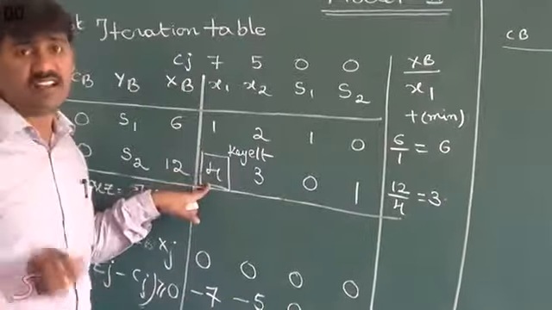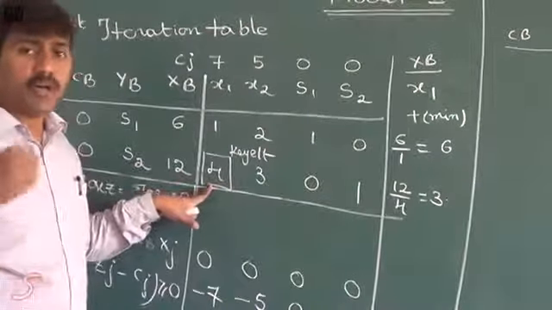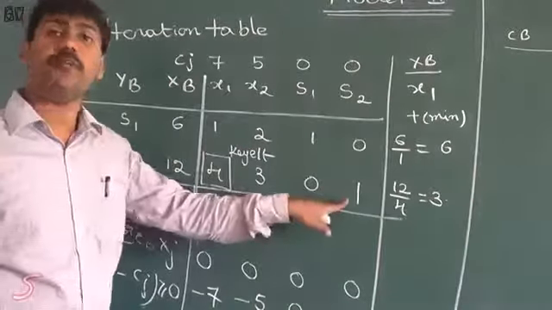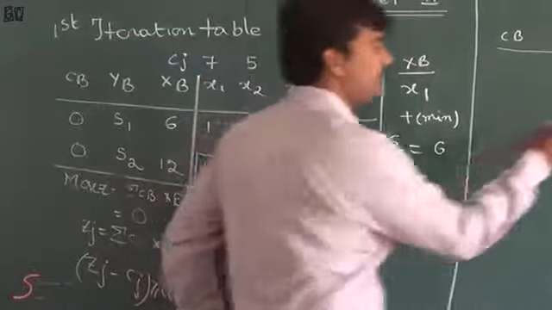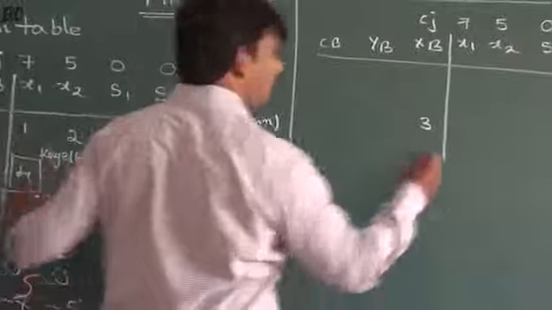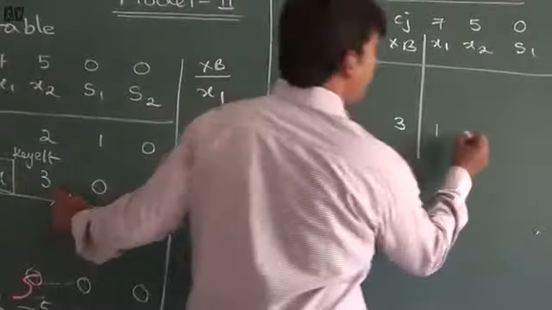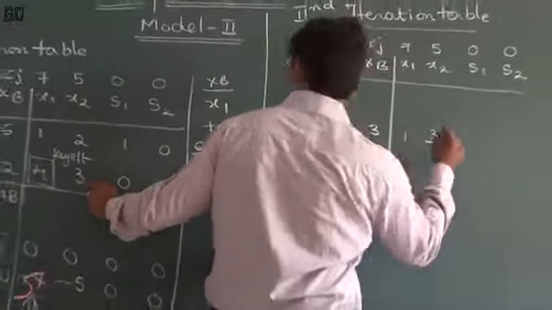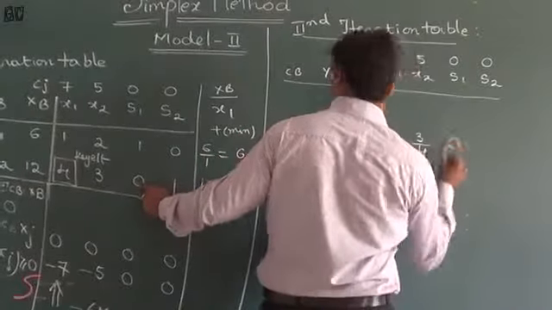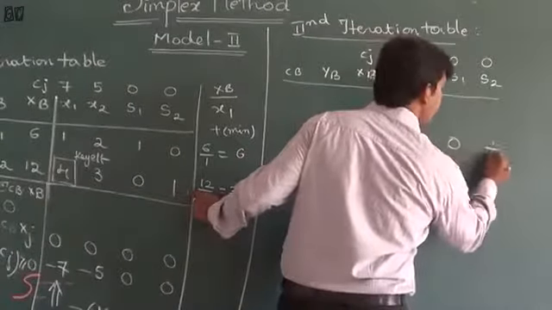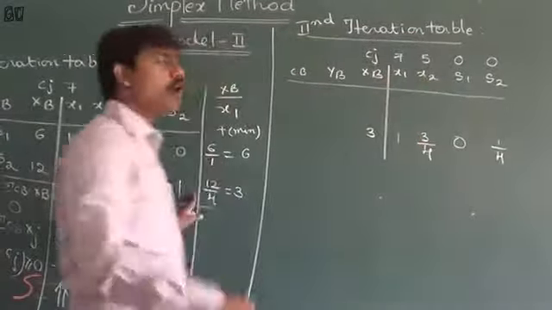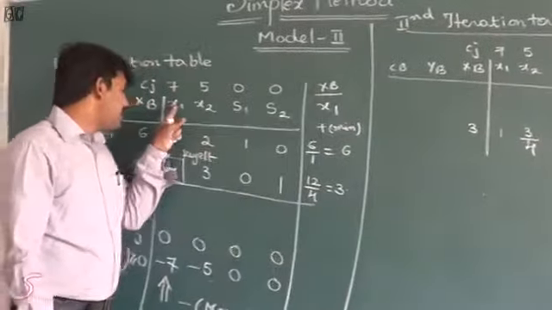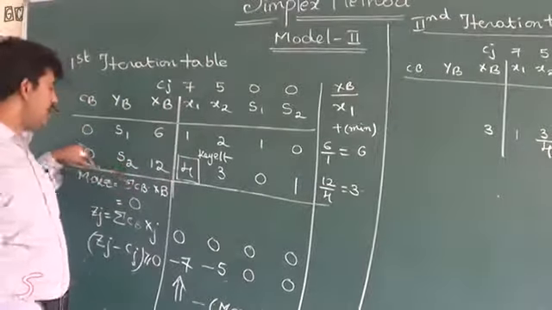For example, if it were 100, we would divide the entire row by 100. So I divide this entire row by 4. That is 12 by 4, that is 3. 4 by 4, 1. 3 by 4, that is 3 by 4. 0 by anything, again 0. 1 by 4, that is again 1 by 4. As I already told you, x1 is the incoming vector, s2 is the outgoing vector.